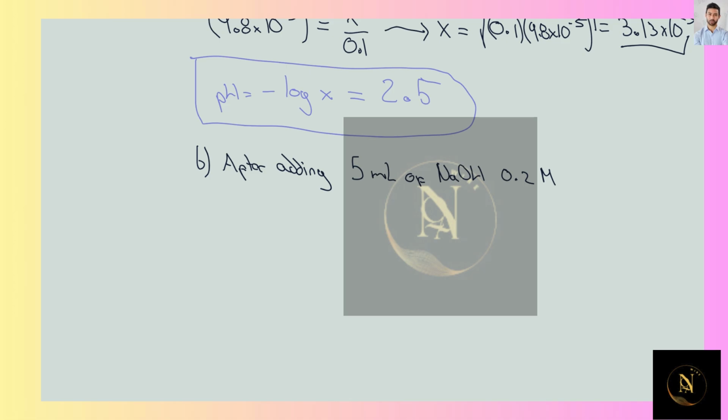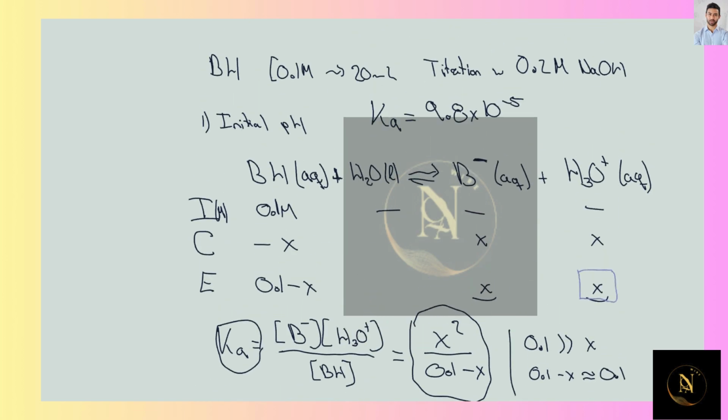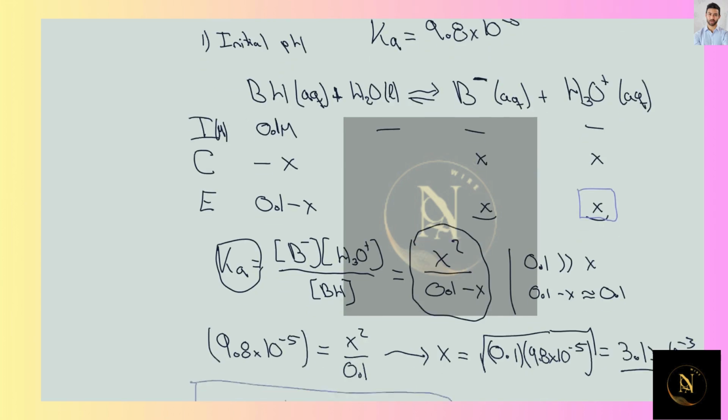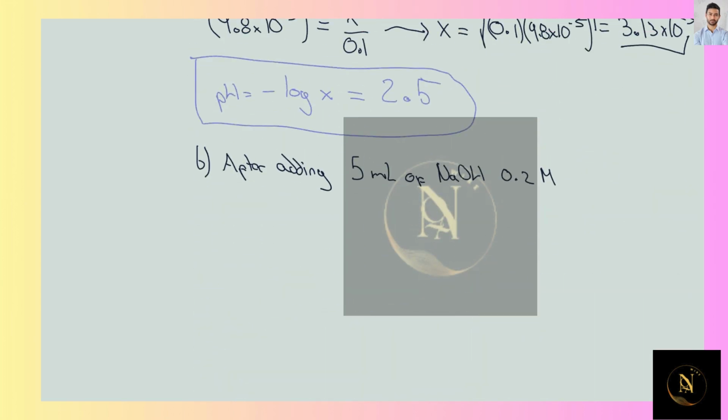Okay, so just by looking at the concentration, if the concentration of the acid that we have is 0.1 and we added 5 milliliters of a concentration that is twice, we know that we are going to be below the equivalence point. We can verify this by calculating the amount of mole that we have at the beginning of the acid.